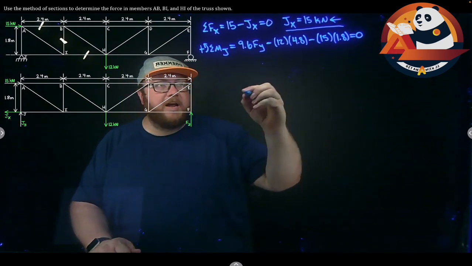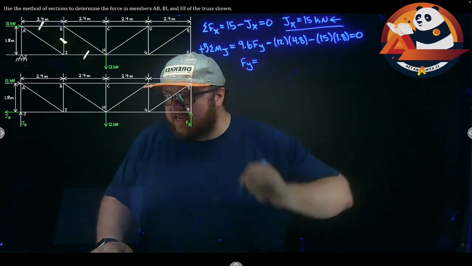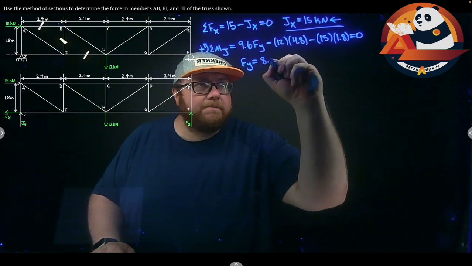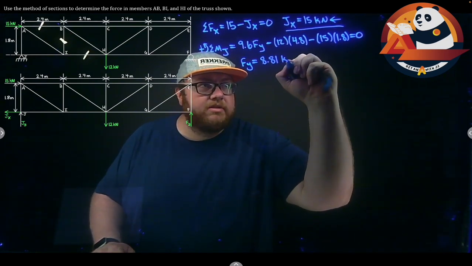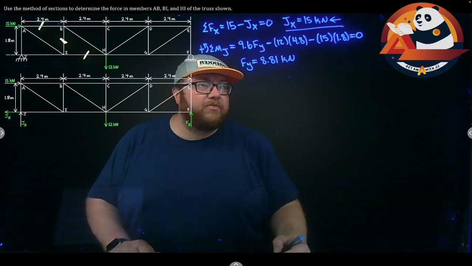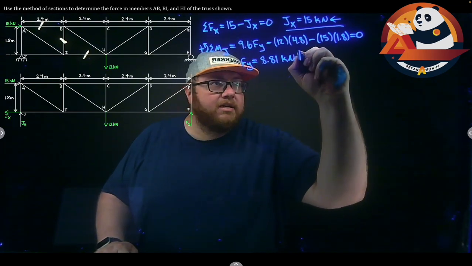If I solve that for Fy, I'm going to get here that Fy is equal to 8.81 kilonewtons, and I get a positive number out from this equation when I solve for Fy, so I guessed the right direction in my free body diagram. It is going up.